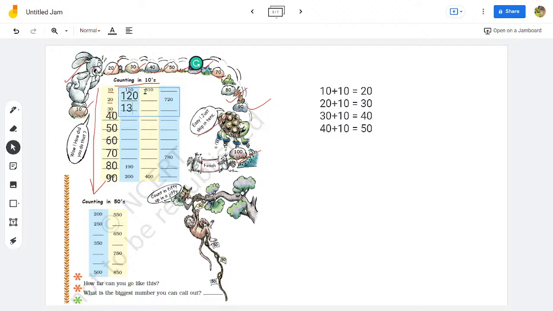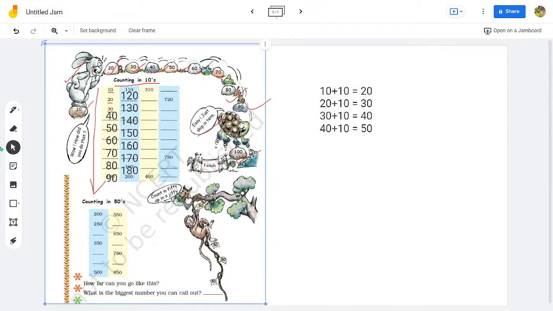We have 130, 140, 150, 160, 170, 180, 190, and 200 are already given. Then the next one is 310.